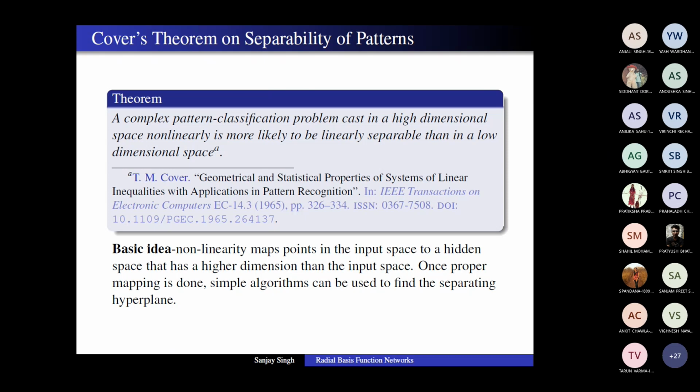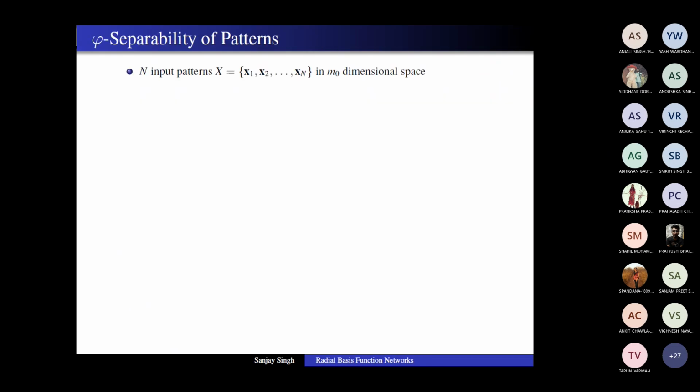If I map into a higher dimension, more than 5, it could be 6, 7, 10, whatever, then it is very likely that you can use a simple linear classifier to separate the two. So once the proper mapping is done, simple algorithms such as LMS can be used to find a separating hyperplane. This was the basic idea.